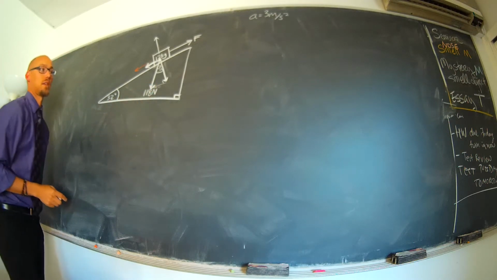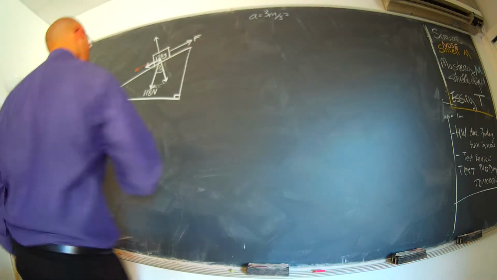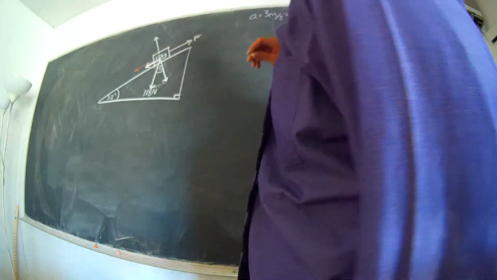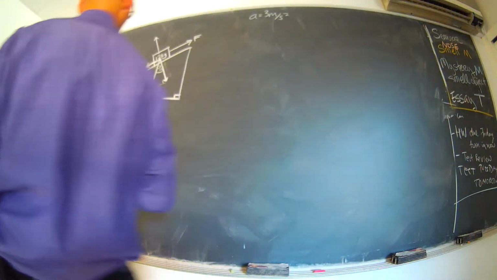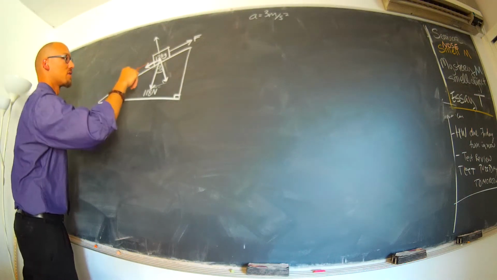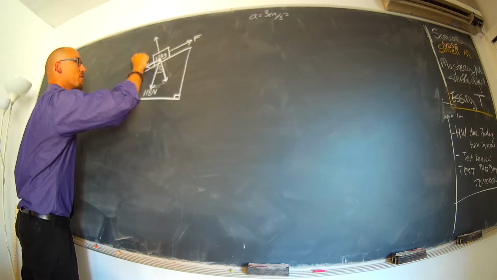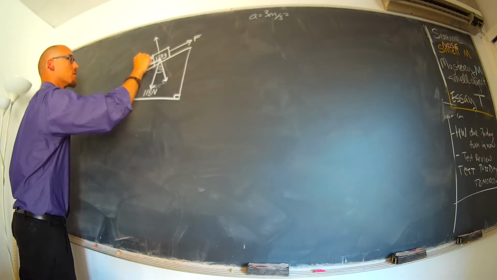Is that a sine of 32? Yes. Sine of 32 is x over 118. So 118 sine 32 is 62.53. So this force, 62.53, we'll call it 62.5 newtons.